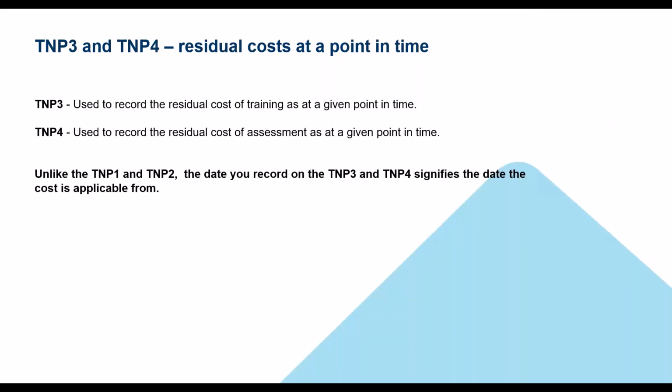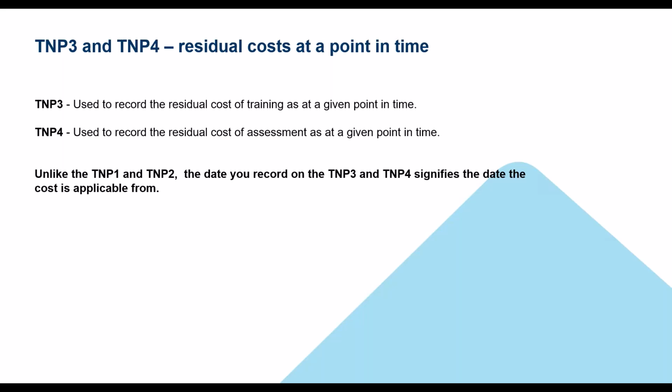Next slide, please. A TNP3 and TNP4 record are slightly different to the TNP1 and TNP2, and these are used for declaring the residual or remaining training and assessment costs for an apprenticeship as at a given point in time.